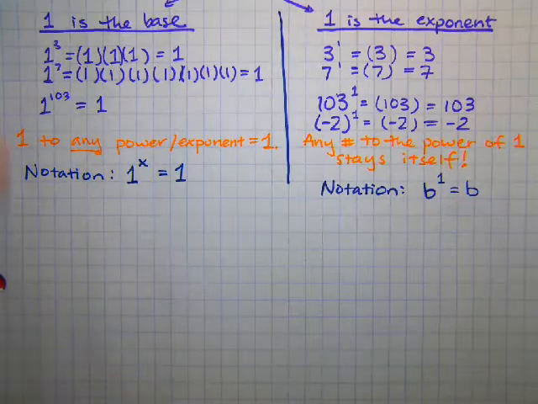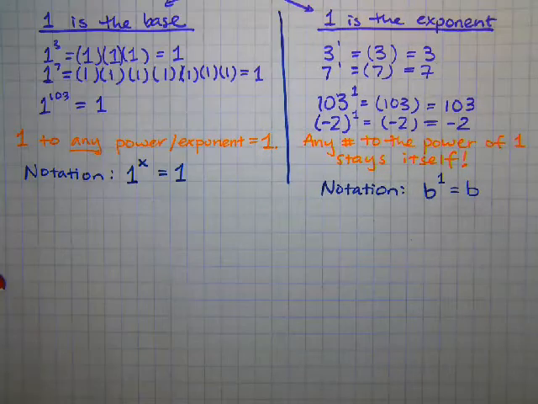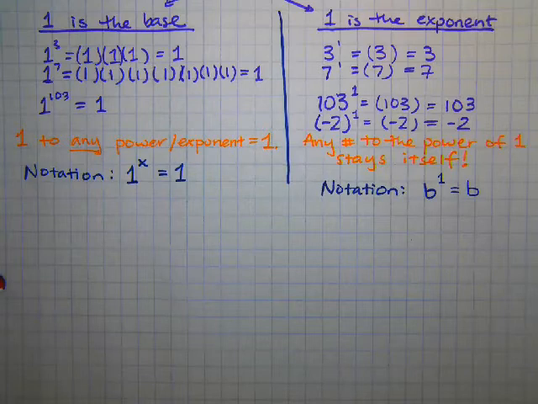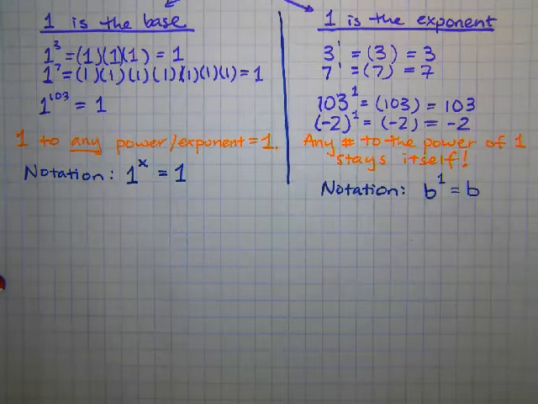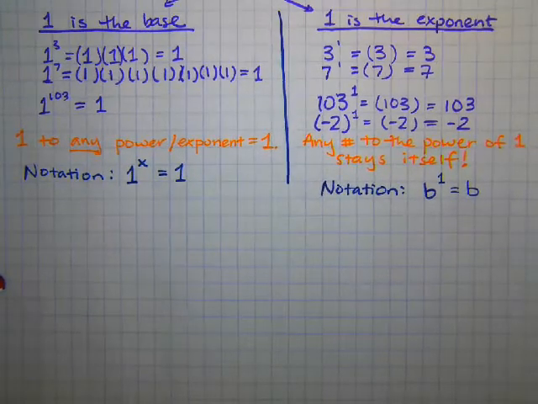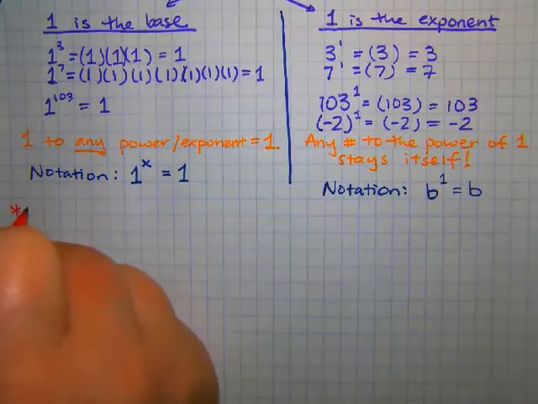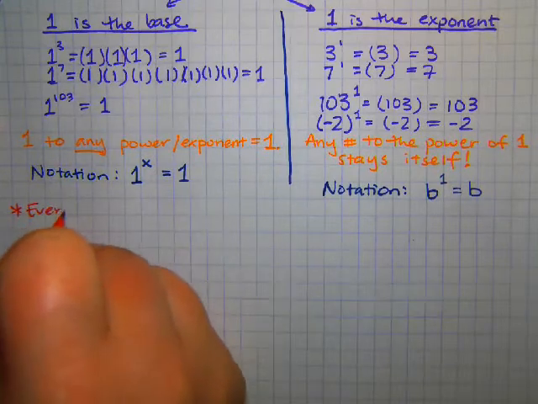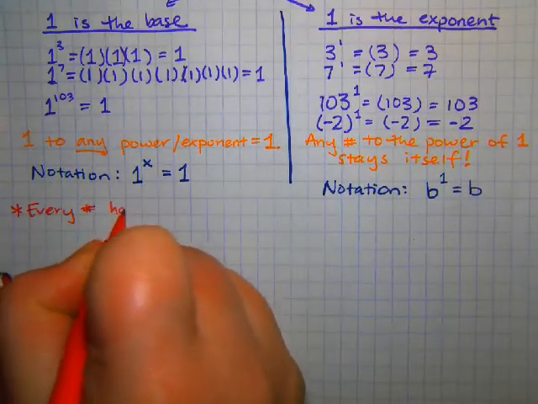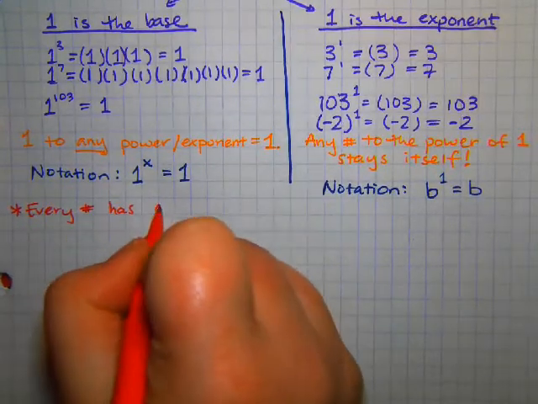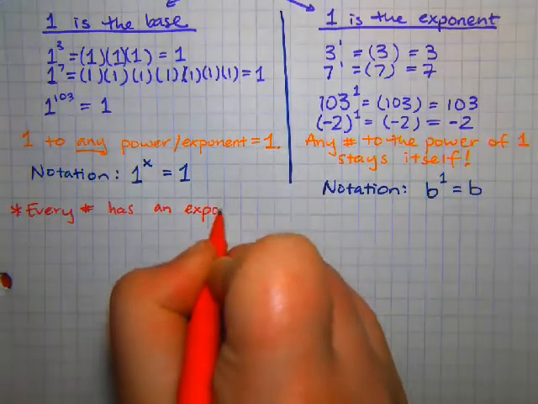Something else to note is that just like every variable has a coefficient of 1, whether or not you can see it, every number has an exponent of 1, whether or not you can see it. So let's write that down. Every number and variable has an exponent.